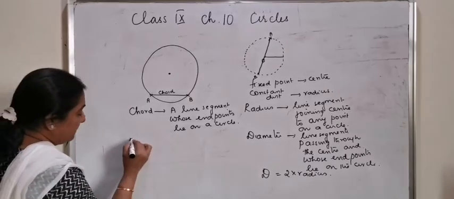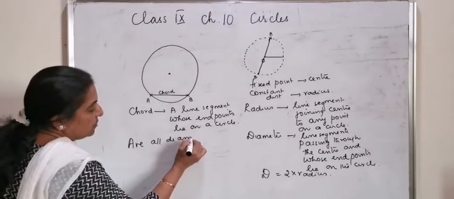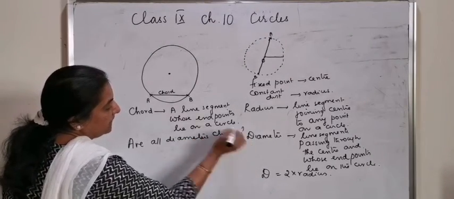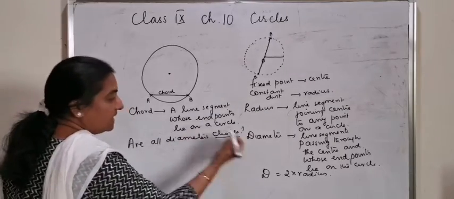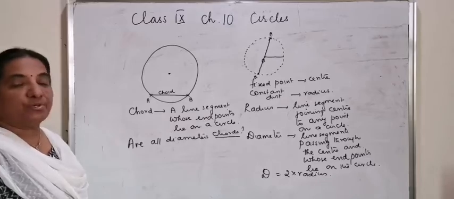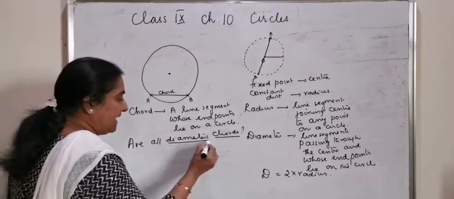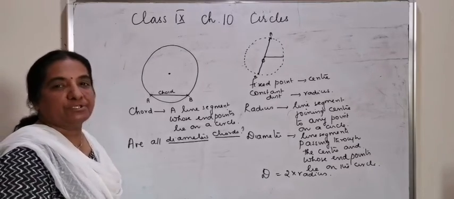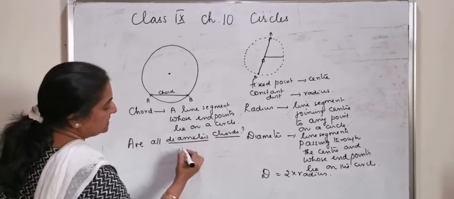The question is, are all diameters chords? A chord is a line segment which should have 2 endpoints on the circle. Definitely a diameter is also a line segment with its endpoints on the circle, which shows that all diameters are chords.